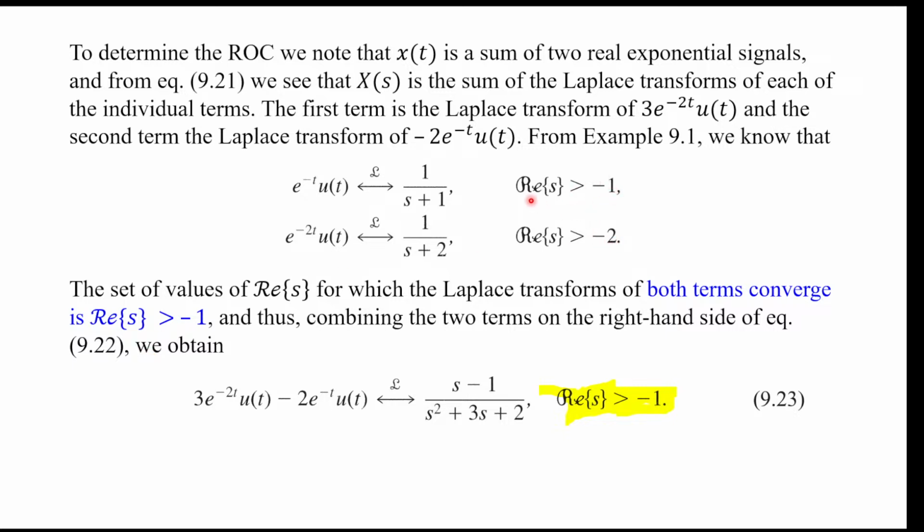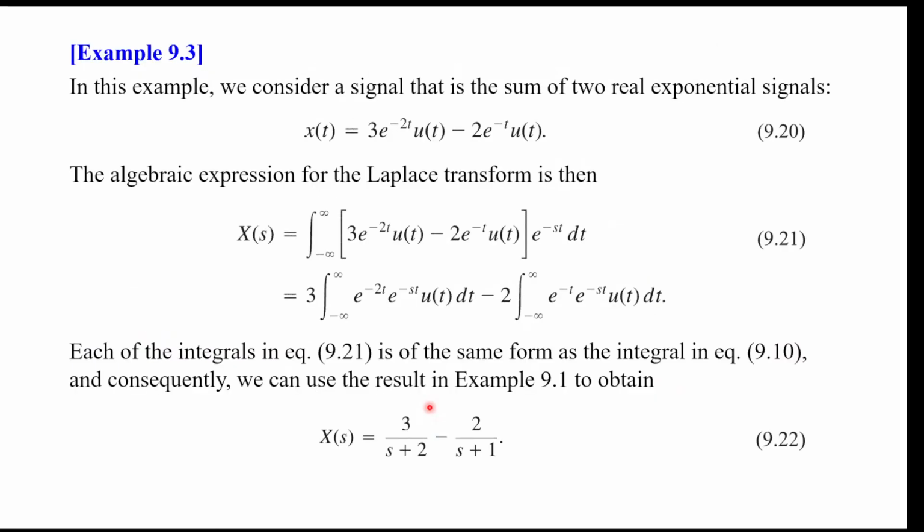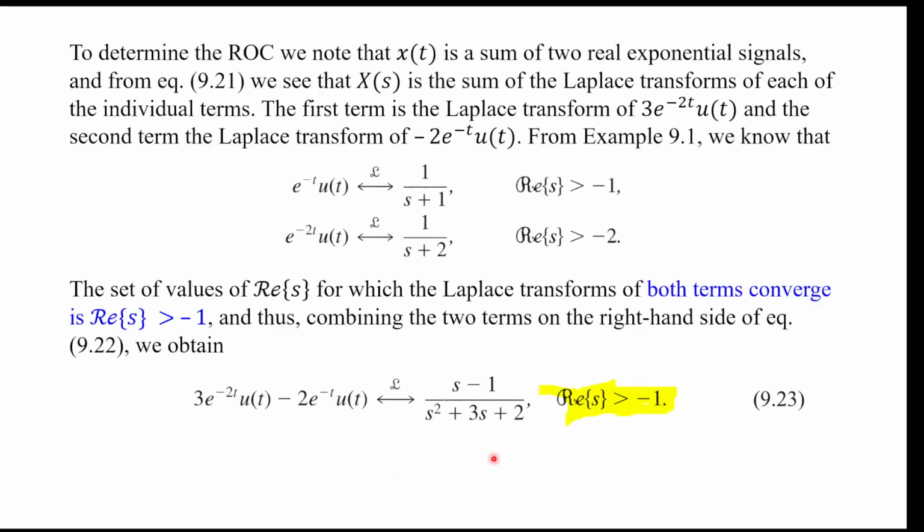And so we take the smaller of them, that's the real part of s greater than minus 1. Okay. So we see that 3e to the minus 2t u of t minus 2e to the minus t u of t will Laplace transform to this expression, and the region of convergence is real part of s greater than minus 1, the intersection of these two regions.